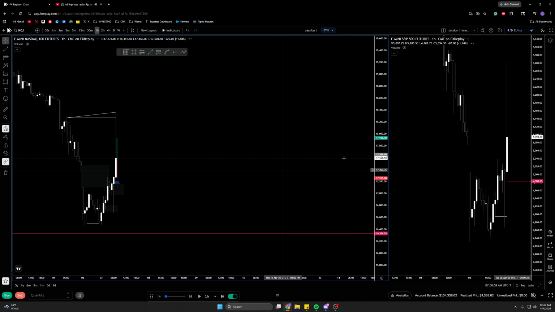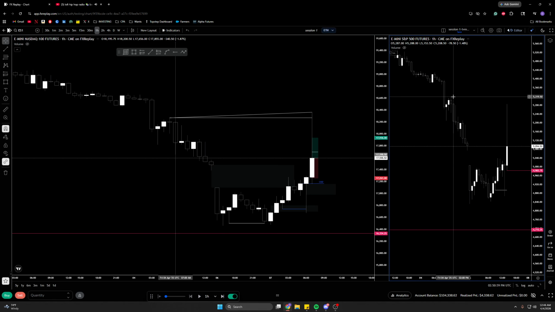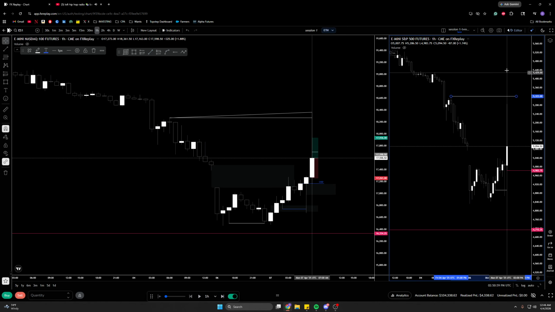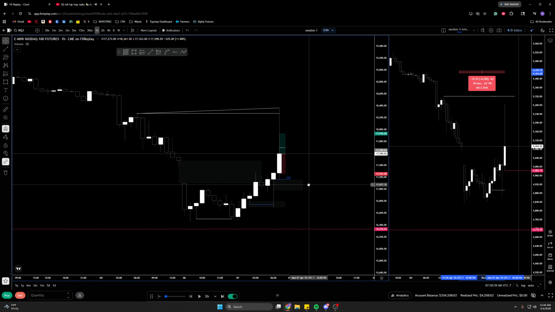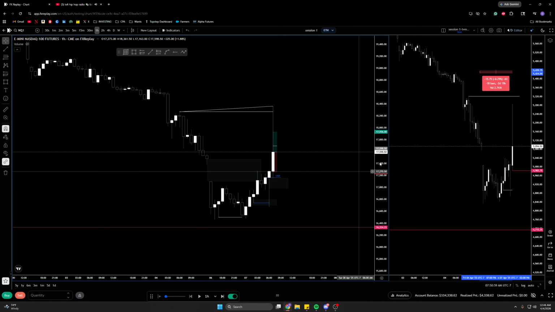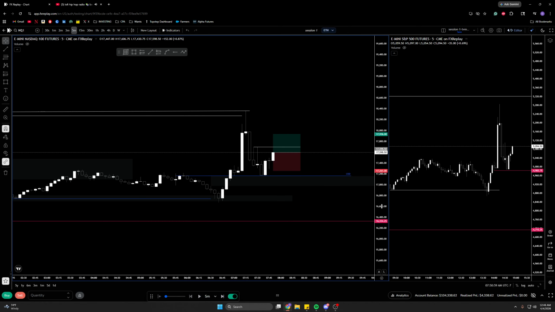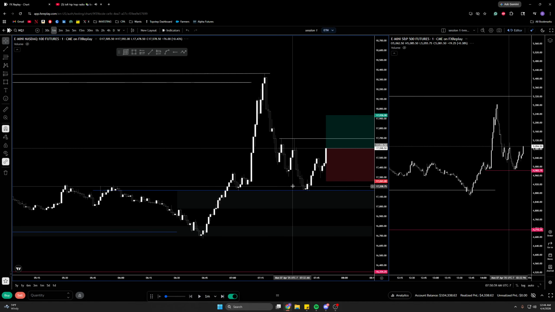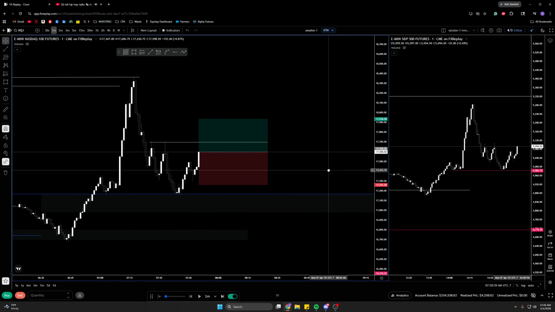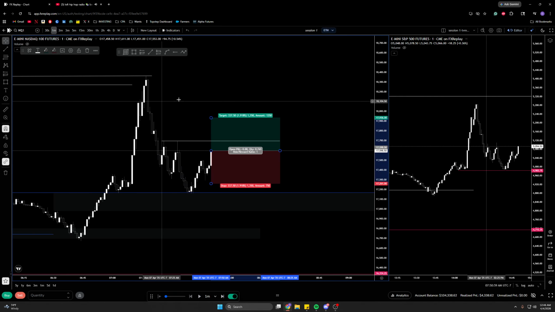Where's this 1 hour on ES? Yeah, this 1 hour on ES is all the way up here. I might just get bamboozled on this, but I kind of like this. I don't like this wick though on the hourly, but I like what I'm seeing internally into this 15-minute gap.